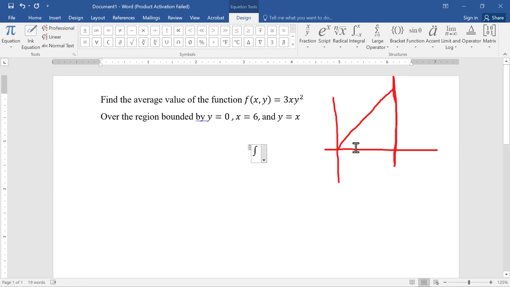That'll go from 0 to 6. Since I'm integrating this function 3xy squared, that's what it looks like.